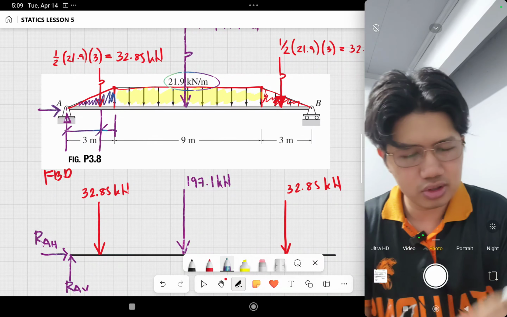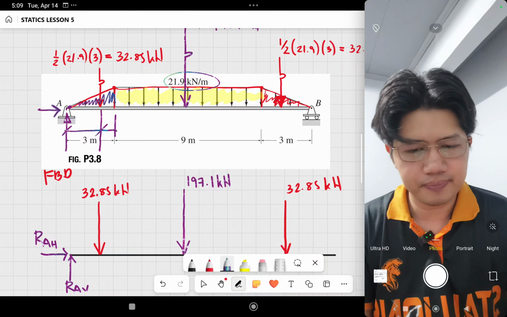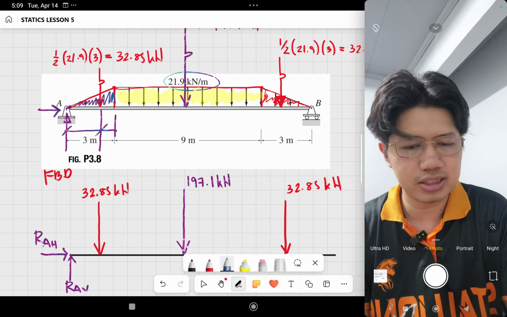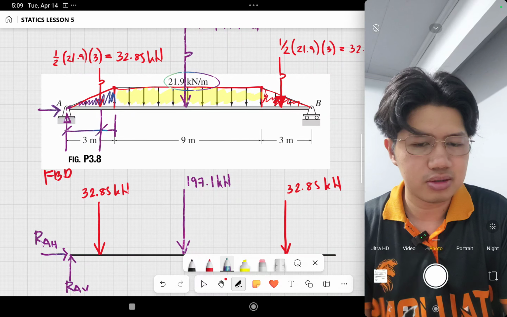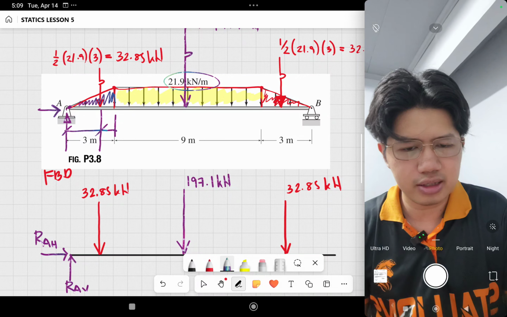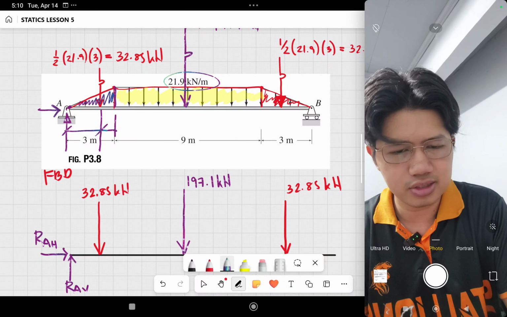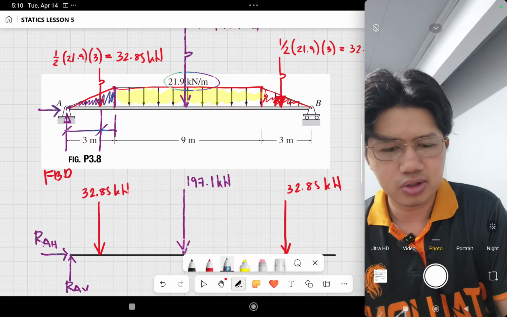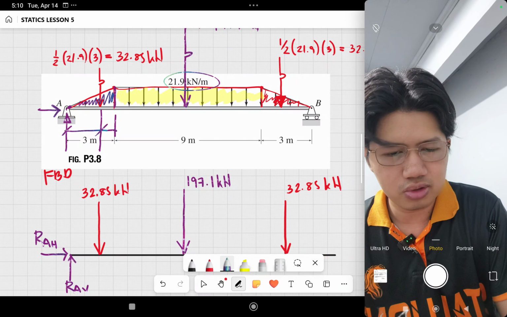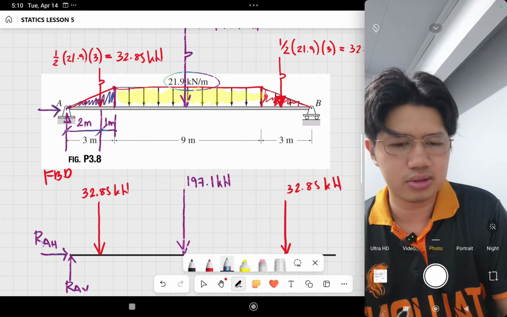So, lagi 2/3 galing dun sa part na lowest intensity or lowest height ng ating triangle, and then from the highest, that is 1/3. So, lagi dun sa mataas, 1/3. So, kung 2/3, so 2/3 of 3, that is 2 meters. And this one is 1 meter.